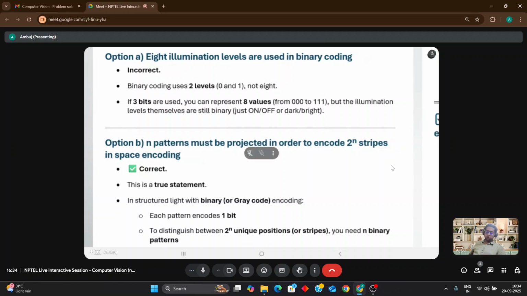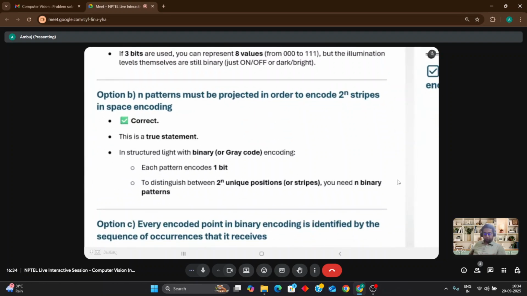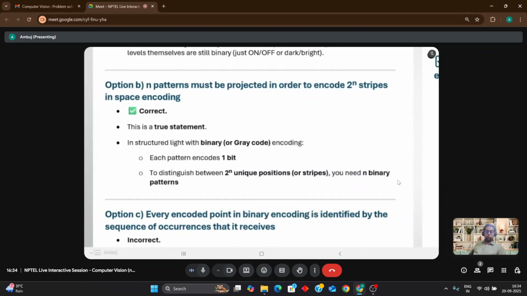Then option number B is: n patterns must be projected in order to encode 2 raised to power n stripes in space encoding. This statement is true. Small n number of patterns must be projected in order to encode 2 raised to power n stripes.